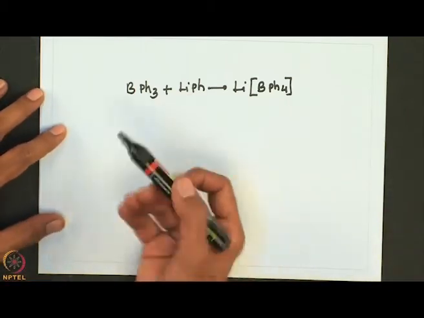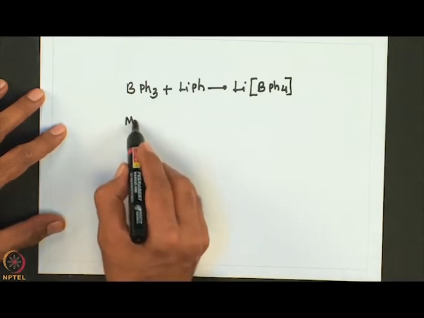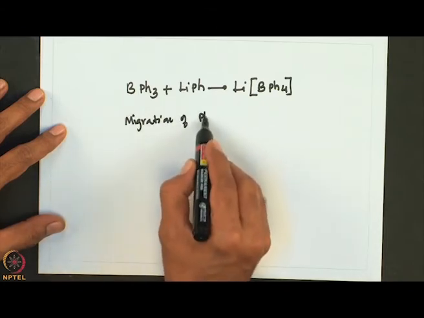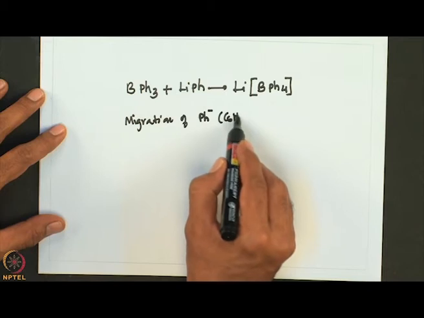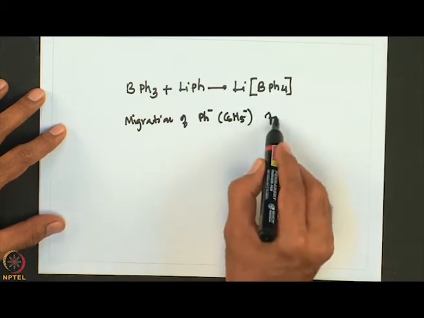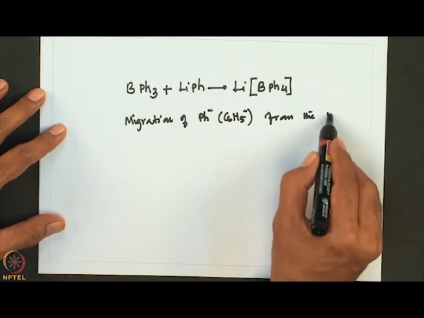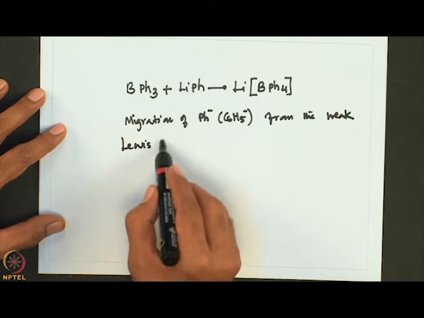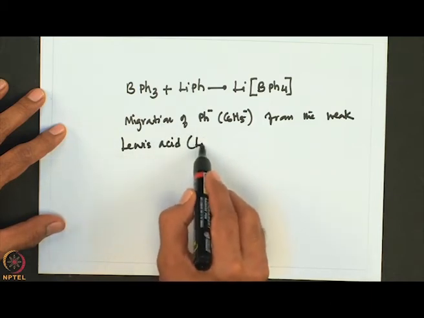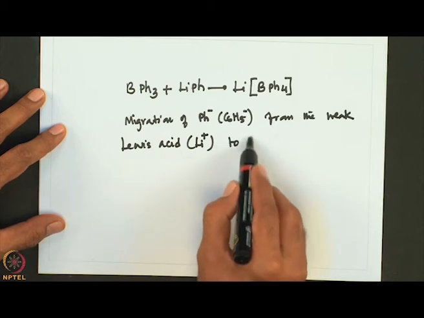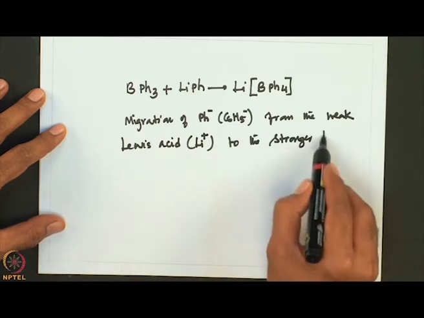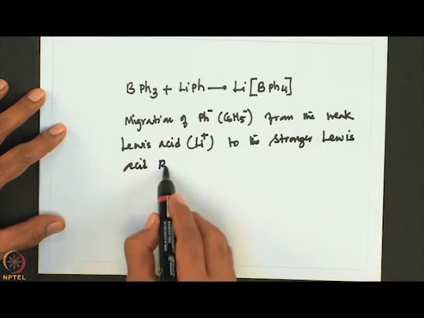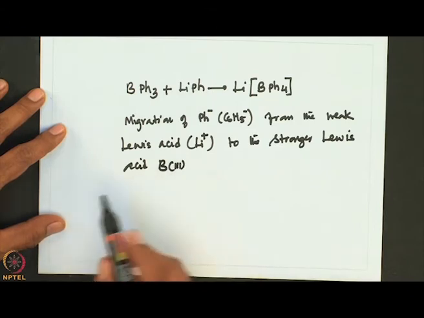So, that means migration of Ph minus or C6H5 minus from the weak Lewis acid, that is Li+, to the stronger Lewis acid BPh3.